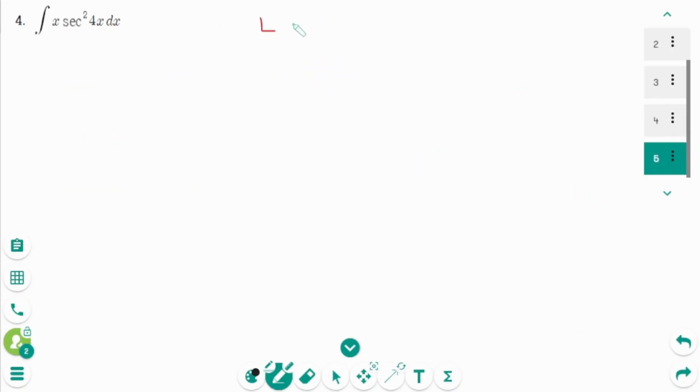Question 4. Use repeat. x is polynomial, secant is trig. So u is x, then dv is secant squared 4x dx.